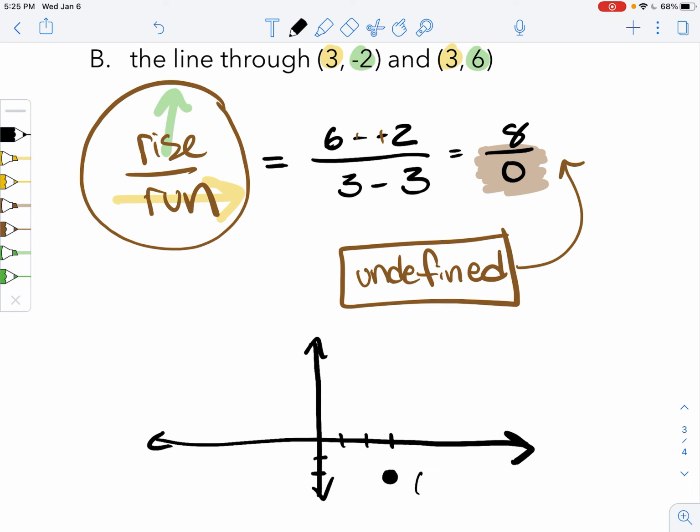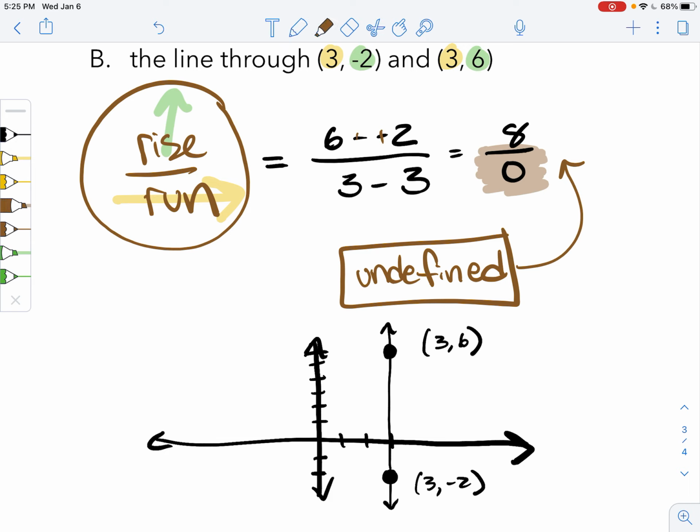There's 3, -2. And then we go over 3 up 6, like this. Then our line looks like that.